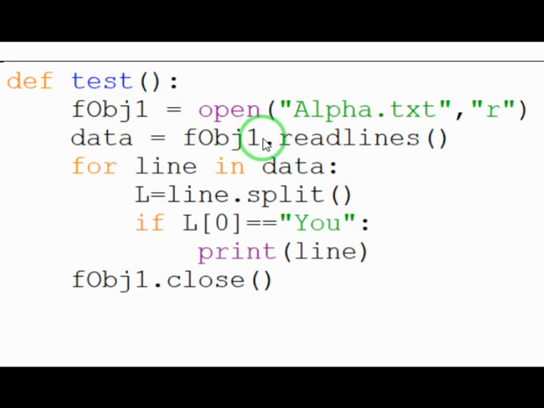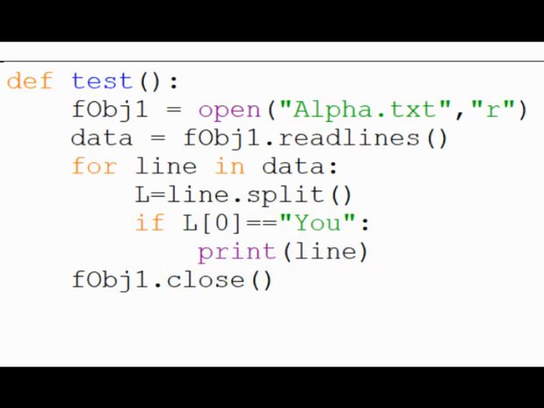Then we check for every line which is present in the data, the line is equal to line dot split. Now if L of 0, the first word, double equals u, then we just print that line. And finally, we go over that object and we close it.